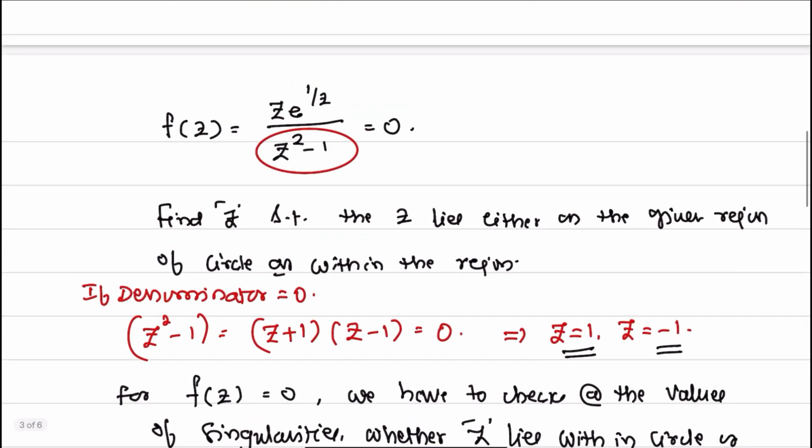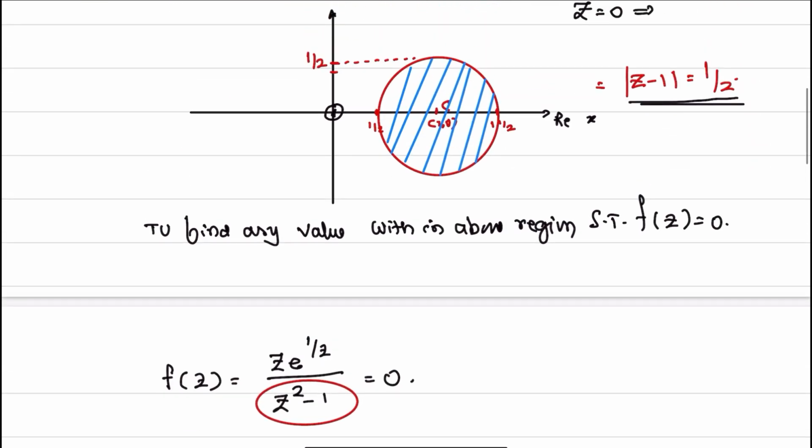Here also in the beginning, we have taken the region to find any value within the above region. But when modulus of Z minus 1 is equal to half, then in that case, the point should lie on the circumference.